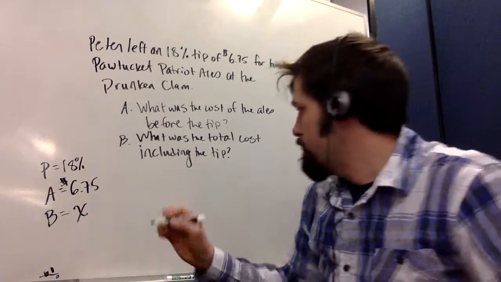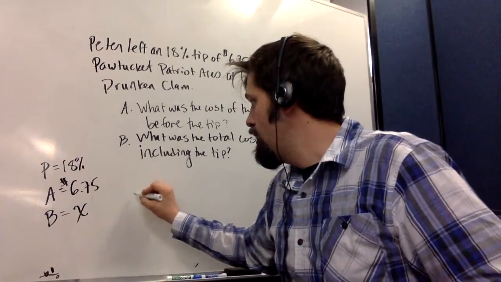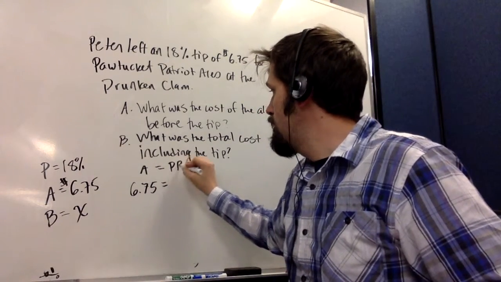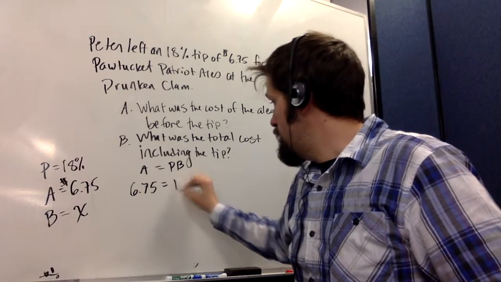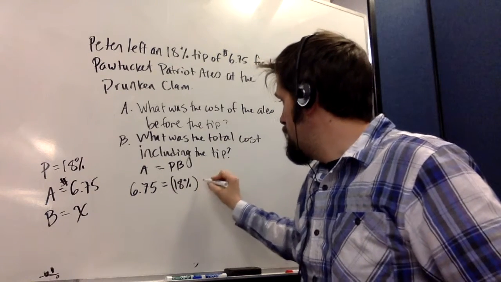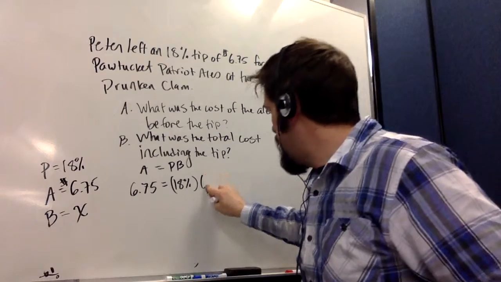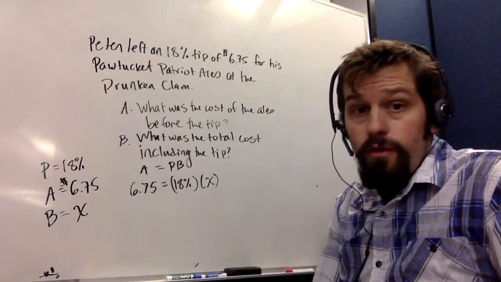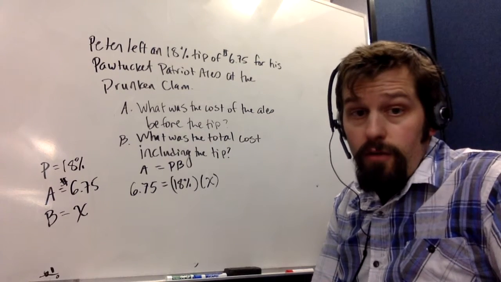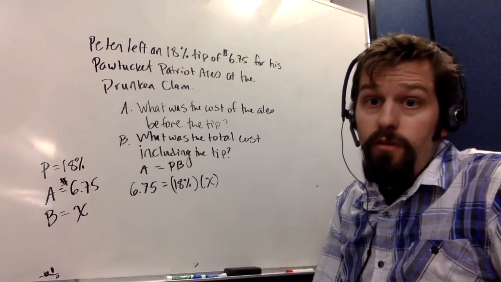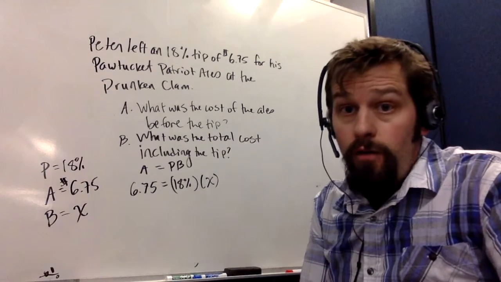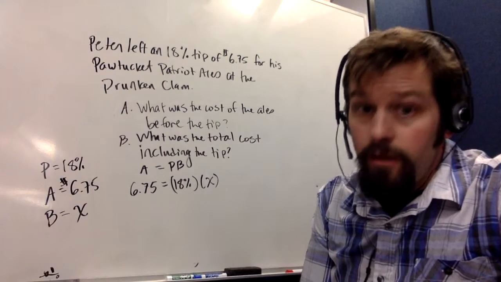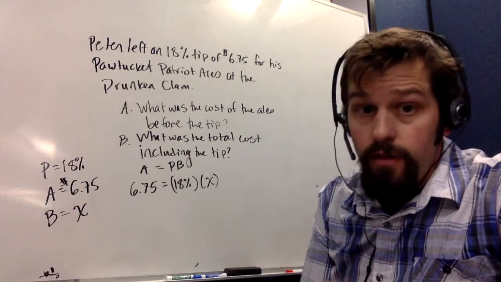So we have to compute 6.75, there's our A. The percent is 18%. The base is X. So notice we're not finding 18% of $6.75, because that's going to give us a number that's smaller than $6.75. We tip on the amount that we paid for our food at a restaurant. And so since that is unknown, we use X as the unknown.